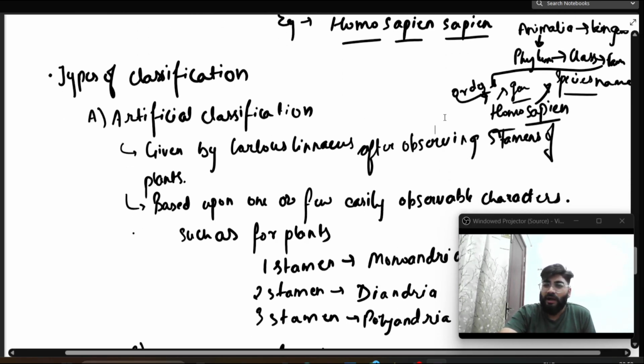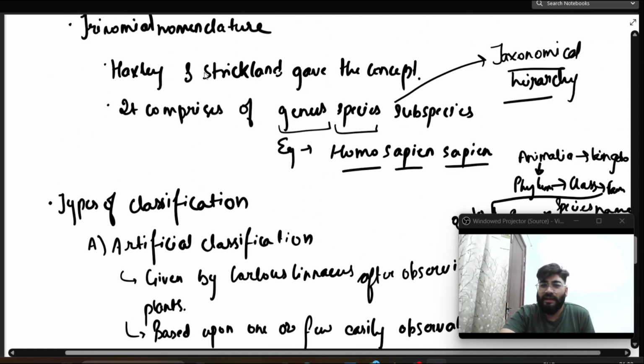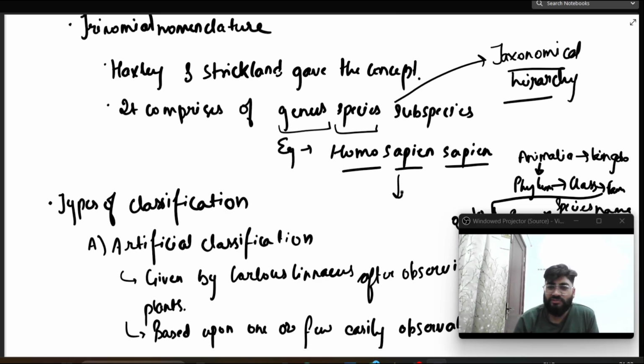After the species name, we can add the subspecies name as well, which is included in trinomial nomenclature. That includes Homo sapiens sapiens. So we have the species name sapiens, or the specific epithet, and then we have the subspecies name also as sapiens.